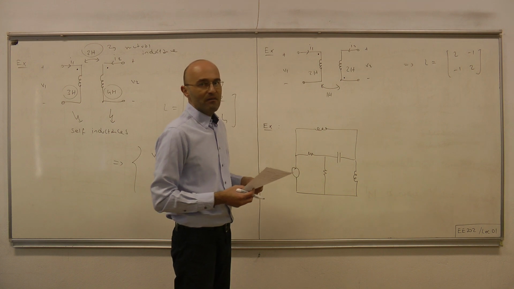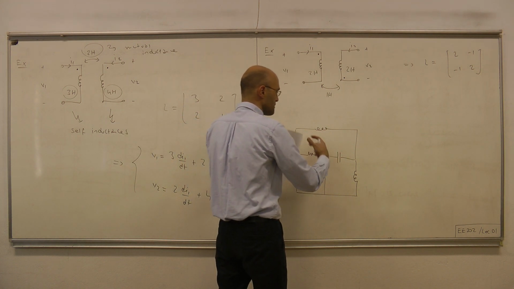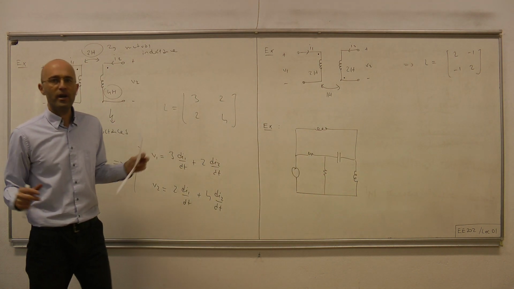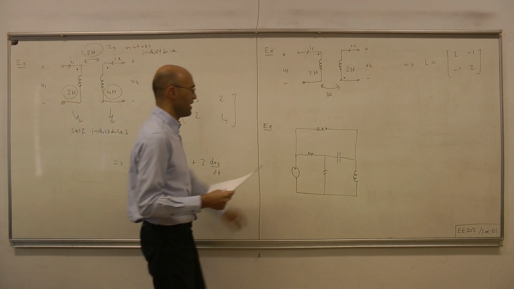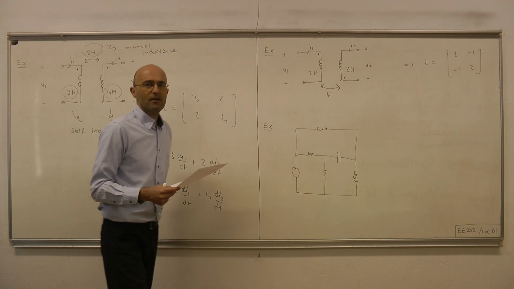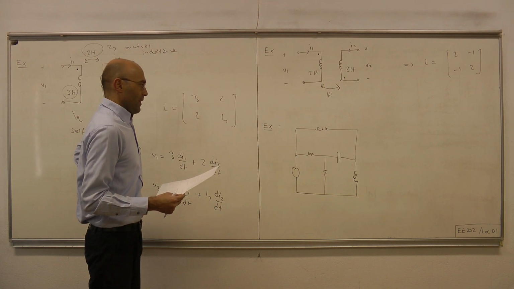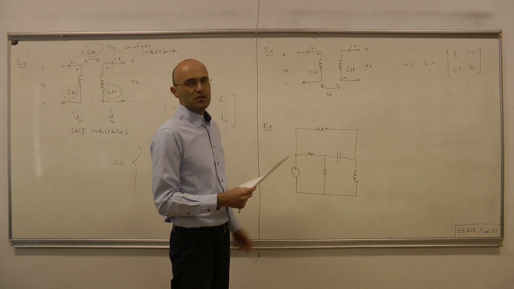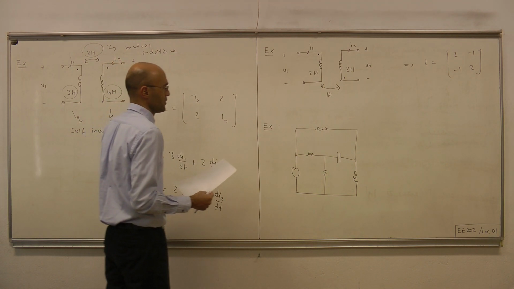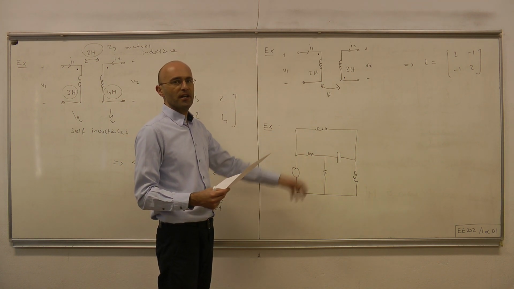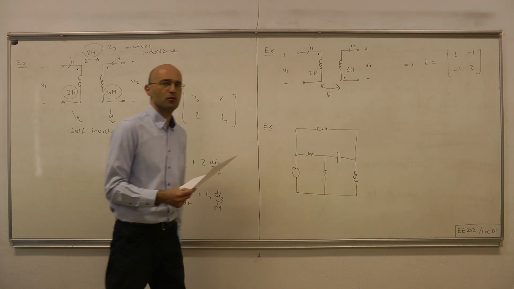Therefore, we may still have some coupling for the coils that appear far away in the diagram, because the diagram doesn't tell us much about the physical properties of the device. It only tells us which component is connected to which.